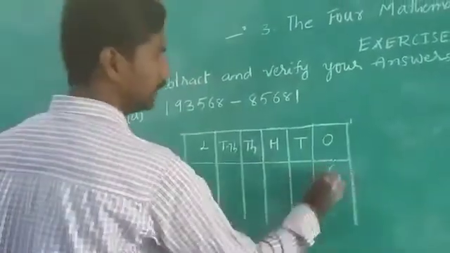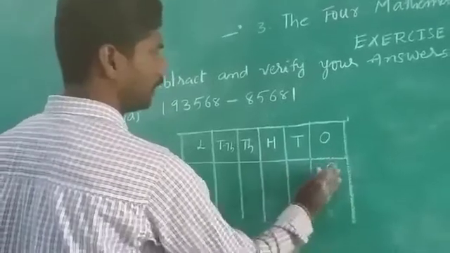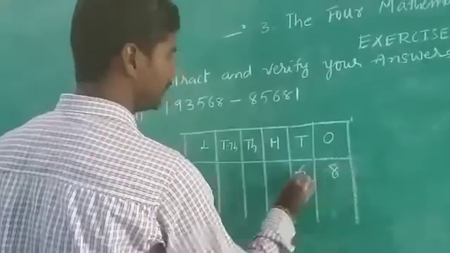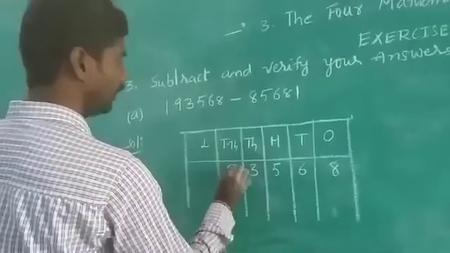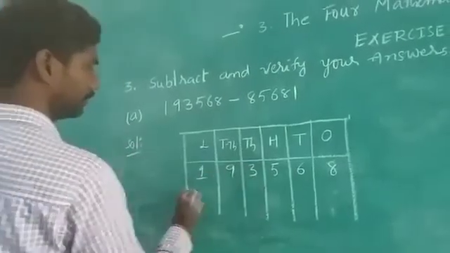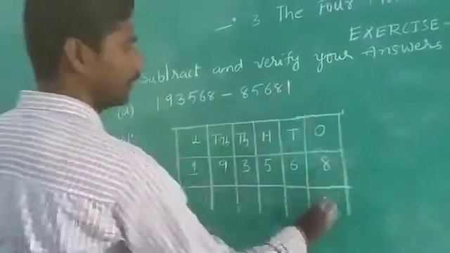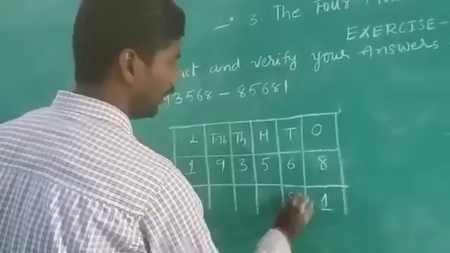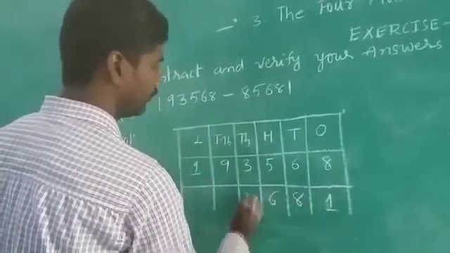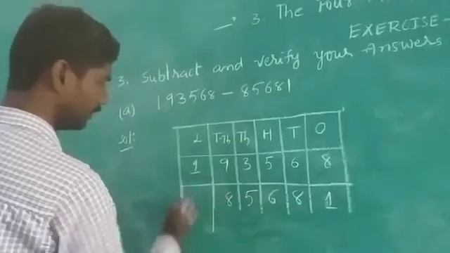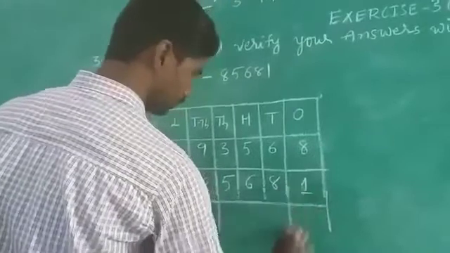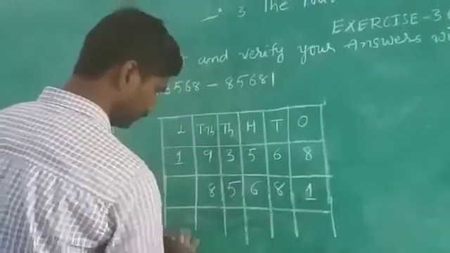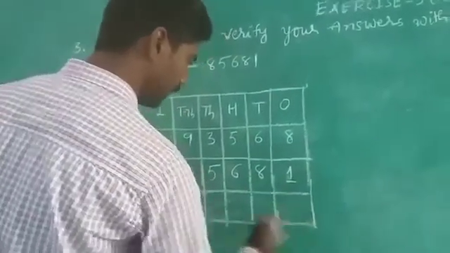Ones: 8, 6, 5, 3, 9, 1. The next number: 0, 8, 6, 5, 8. Right?